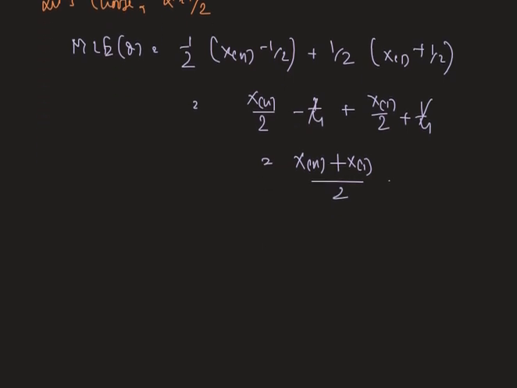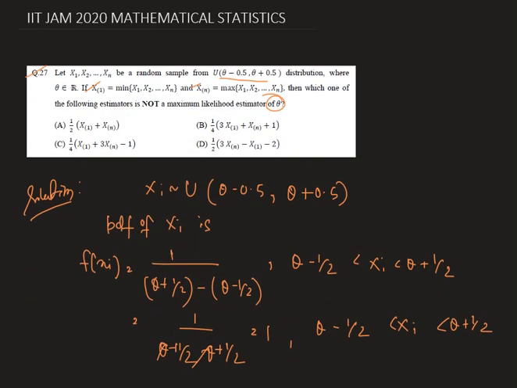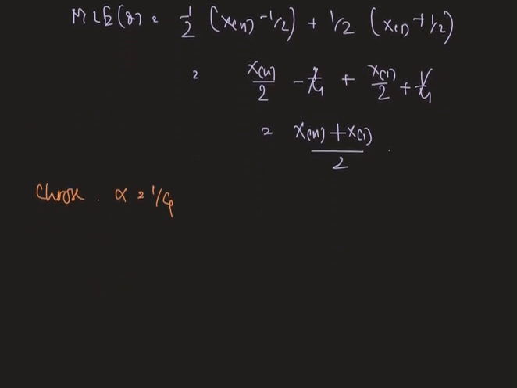Now let's choose alpha equal to 1/4. As we can see, the first option is an MLE, hence it is not our correct option.